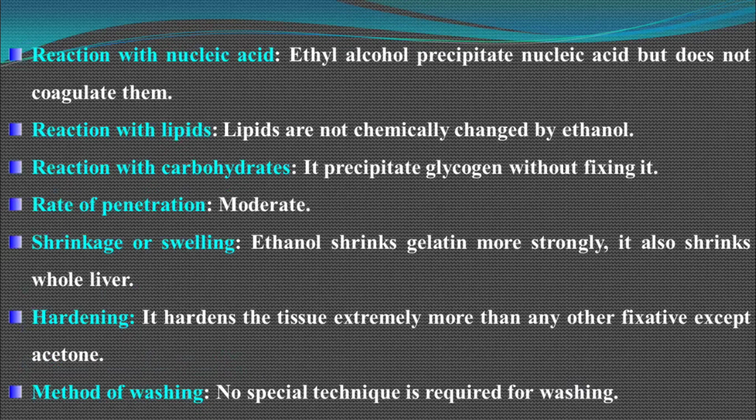Reaction with nucleic acid: ethyl alcohol precipitates nucleic acid, but does not coagulate them. Lipids are not chemically changed by ethanol. They can remain as they are. So, reactions with carbohydrates: ethanol precipitates glycogen without fixing it.